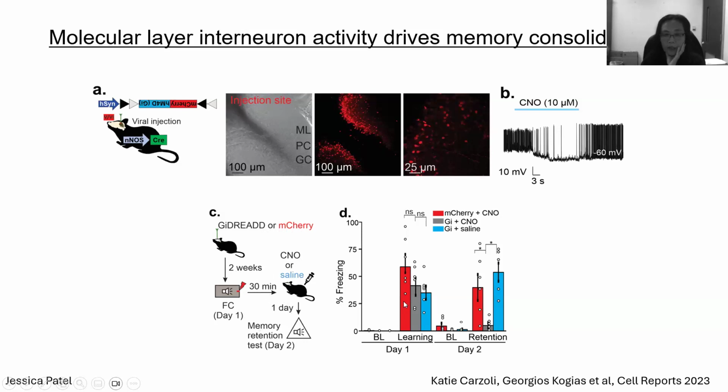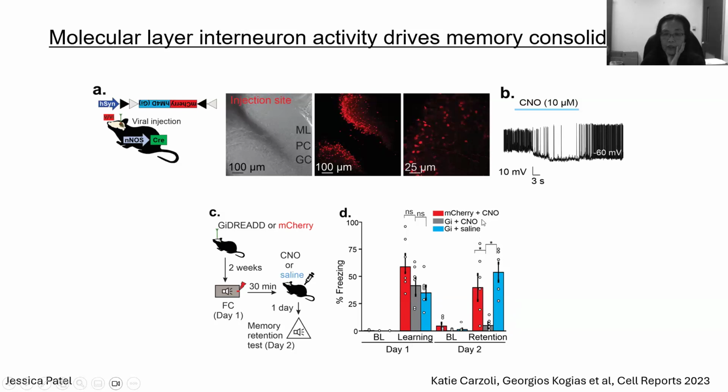So we look at the mCherry receiving CNO, GI dread receiving CNO, and the GI dread receiving saline. They all show freezing during learning. And on the second day, during the memory retention test, both control mCherry CNO mice and the GI dread with the saline injection show freezing about 50%.